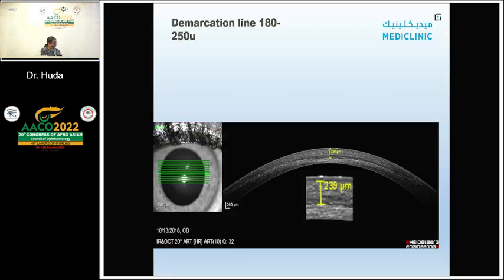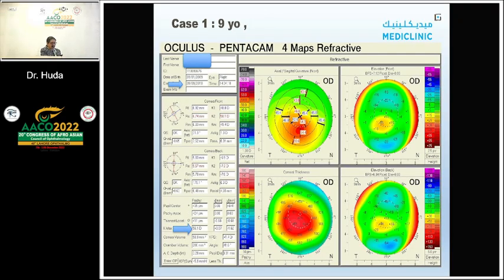And this, as you can see here, is 239 micrometers, calculated from the epithelium to the demarcation line here. This is just one of my patients that I did. From 56 to 53 within 1 year, and the other 63 within 1 year.